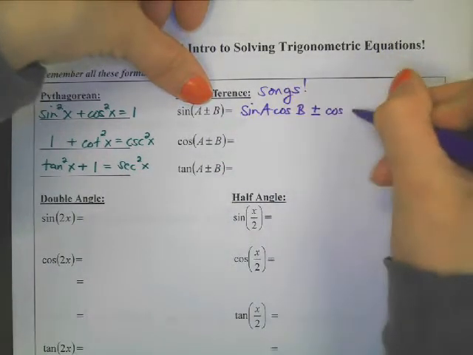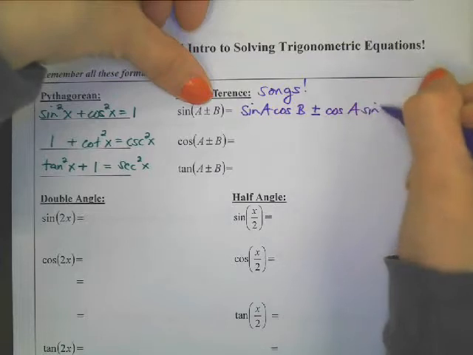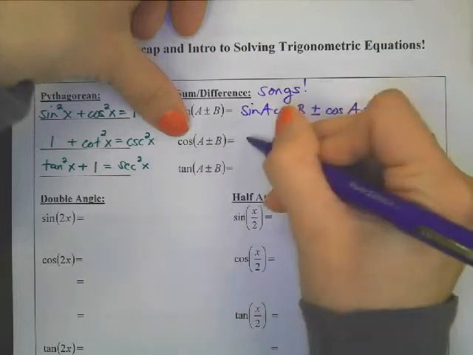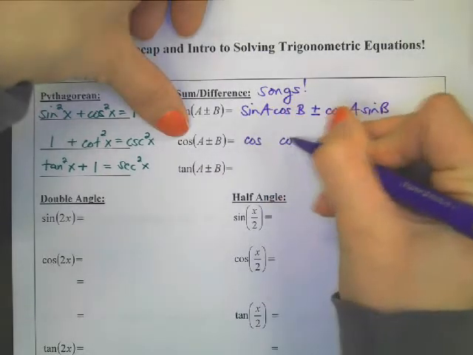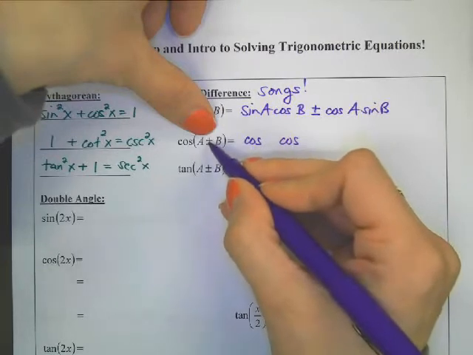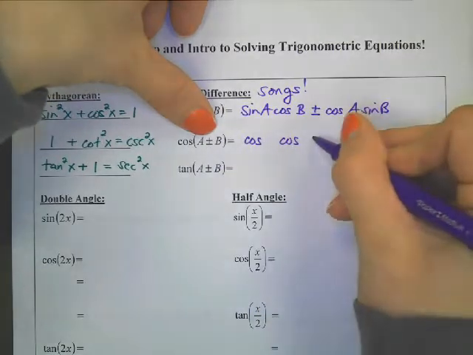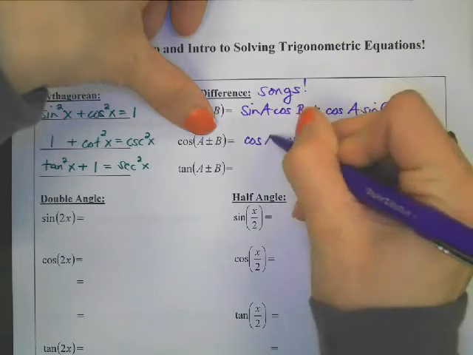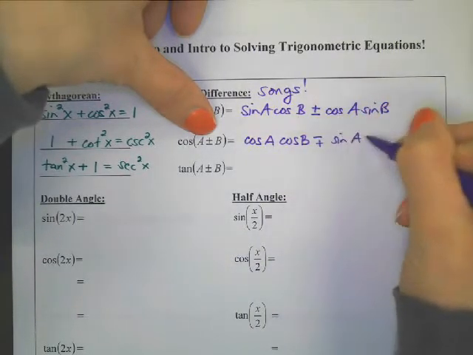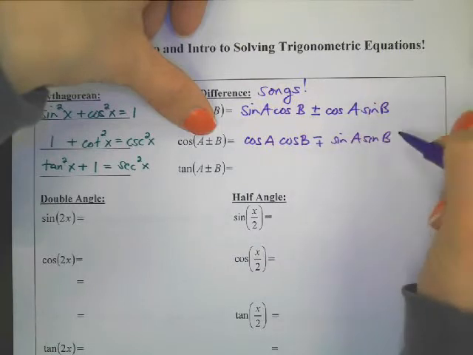Sine, cosine, cosine, sine, and the letters are A and then B and then A and then B. But it goes cosine, cosine, clap, clap. So plus or minus switches to minus or plus. A, B, sine A, sine B.